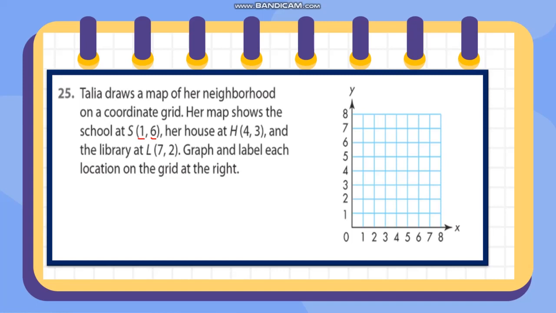So from the point of origin, move 1, then 6 going up, so this is your letter S. And the other one is letter H, which is 4 going to the right, and 3 up, so your point must be here, which is letter H. Then letter L, which is 7, 2, so 7 going to the right, then 2 up.